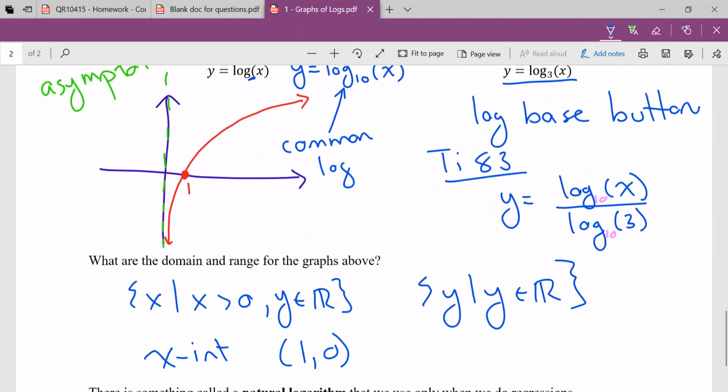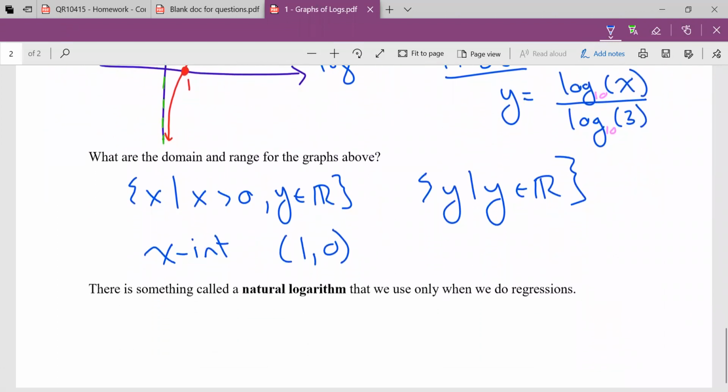It's rather easy. Last thing I want to talk about is something called a natural logarithm, which we'll see when we do regressions. Now, a natural logarithm is a log, but it's a very special log with base e. e is a number, 2.718281828459045, yada, yada, yada.